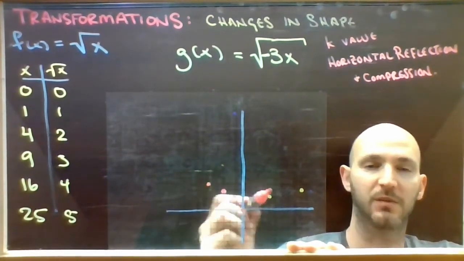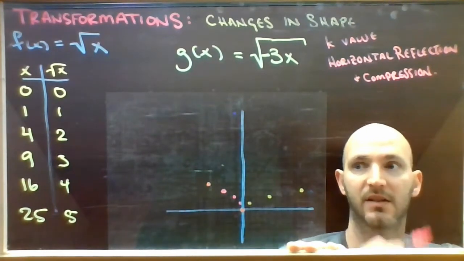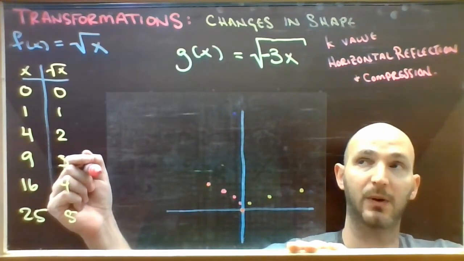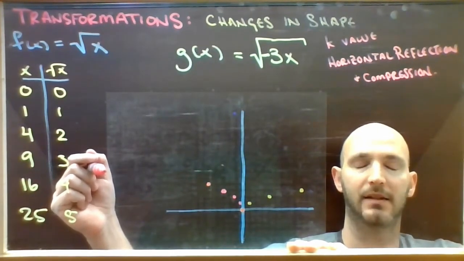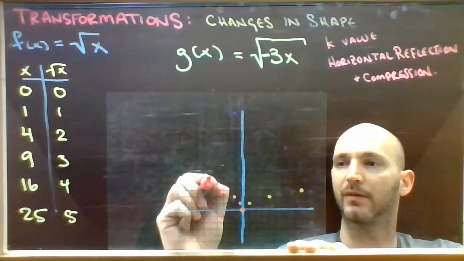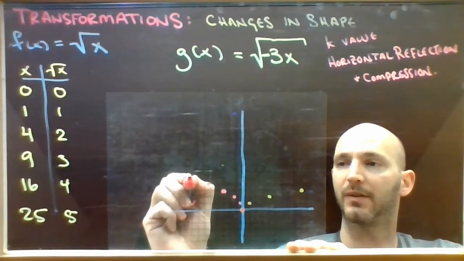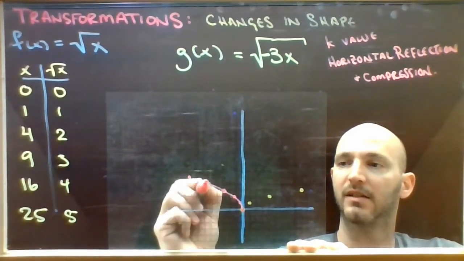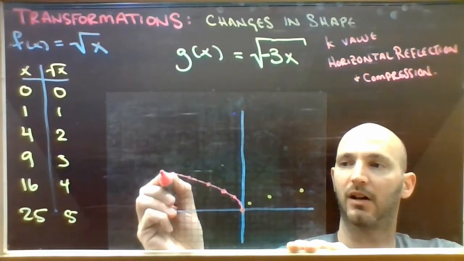This one used to be 25 squares that way, so reflect it, it's 25 squares this way. A third of 25 is 8.3. 1, 2, 3, 4, 5, 6, 7, 8.3. And I get this lovely square root function happening on this side of the axis.